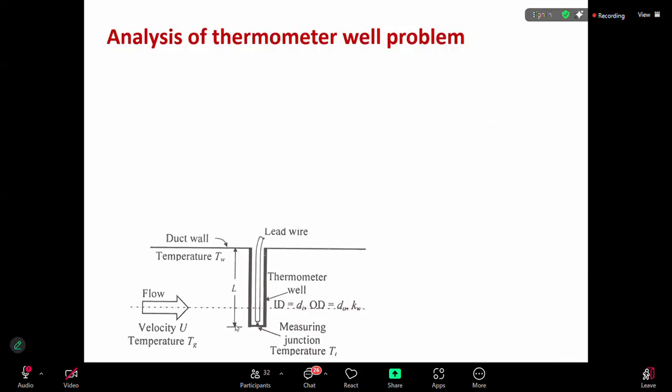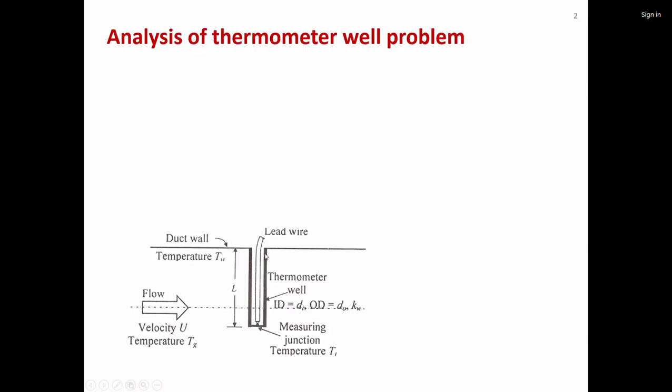So typically this thermometer well we incorporate by creating a slot in a tube. So this is like a tube. Okay, this is the center line of the tube. Flow is happening inside the tube.